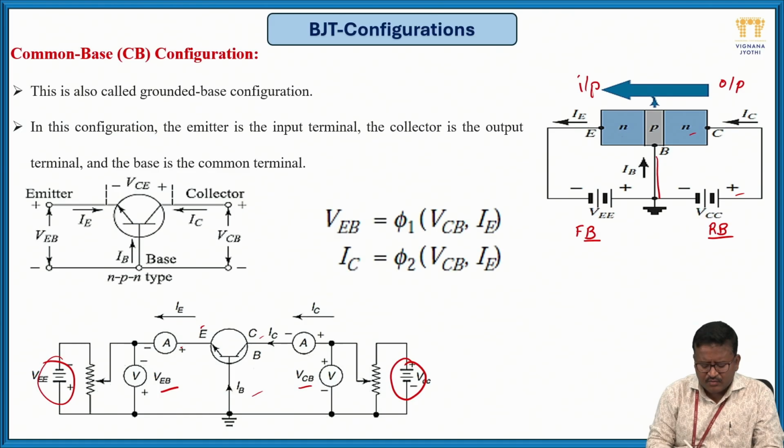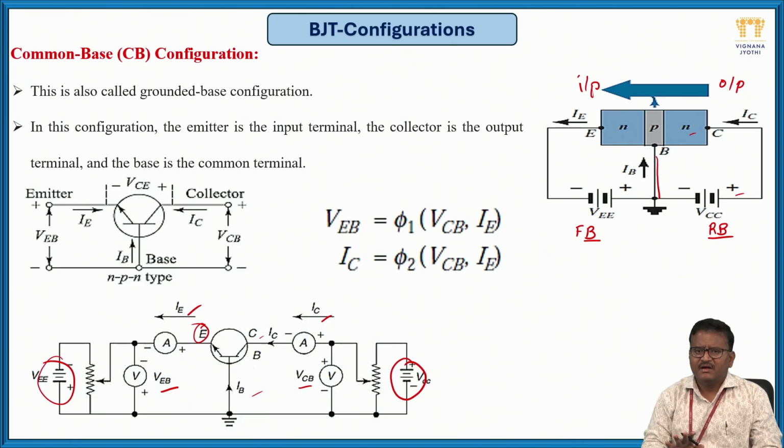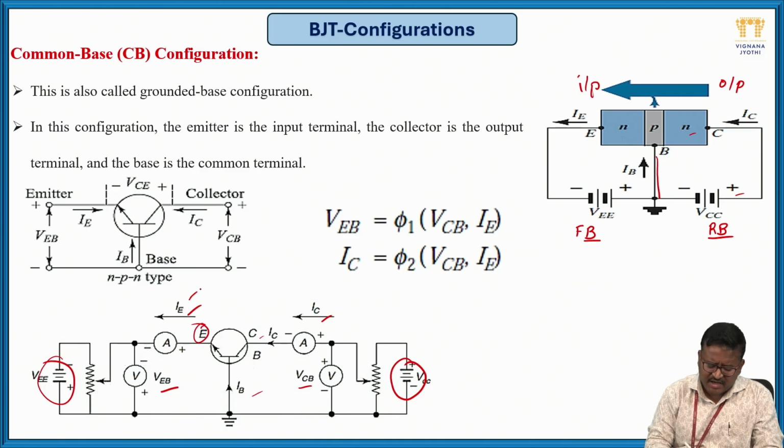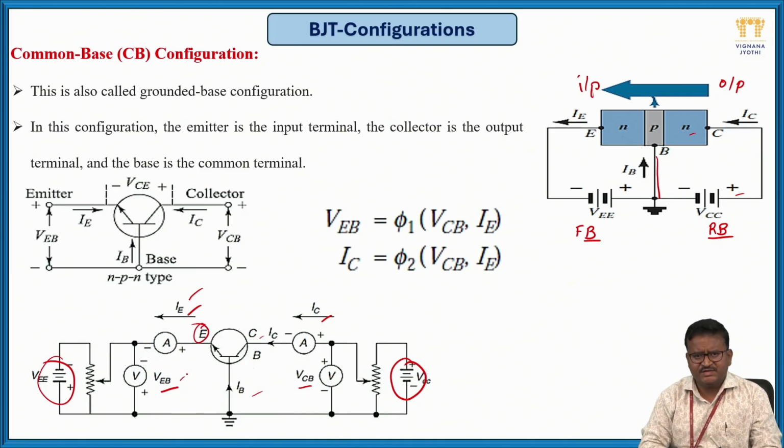The input current is at the input terminal, the emitter, so IE is the input current, and the output current is at the collector, so the output current is IC. So for a transistor in this configuration, the input current and input voltage are IE and VEB respectively, and the output voltage and output current are VCB and IC.